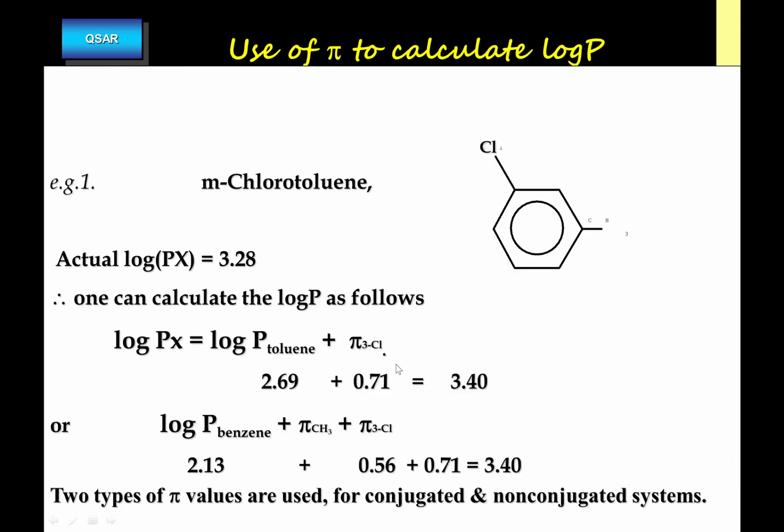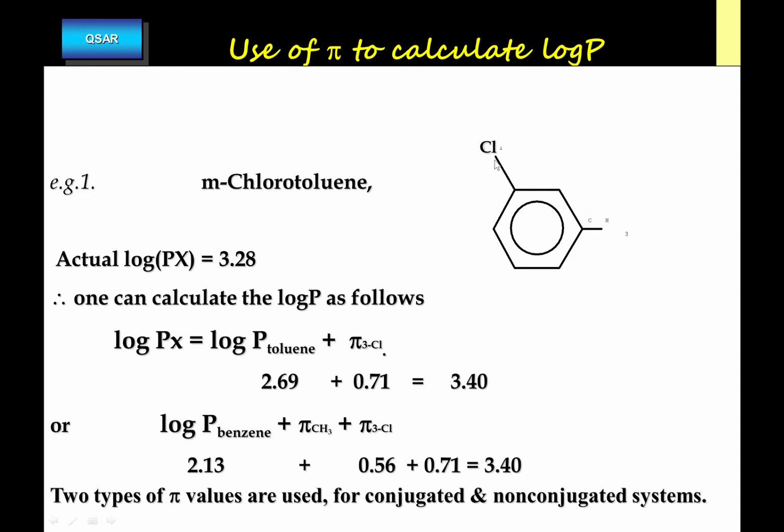Let us see one example of this. We are discussing here metachlorotoluene, and experimentally they have found its log P is 3.28, but you can also calculate it provided you have the log P of either toluene or even benzene.